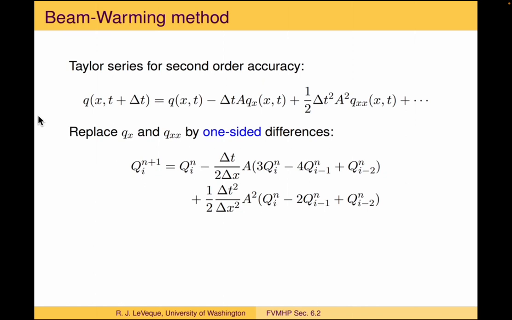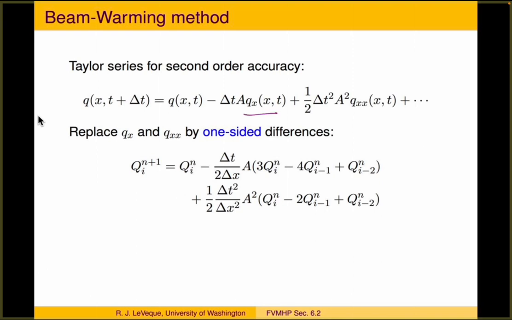But I wanted to also mention the beam-warming method, which is just another second-order accurate method that's, again, based on the same Taylor series expansion, but it uses a different approximation of Q_x and Q_xx. Rather than using centered approximations, it uses one-sided approximations of each of them, but one-sided approximations that are still second-order accurate.